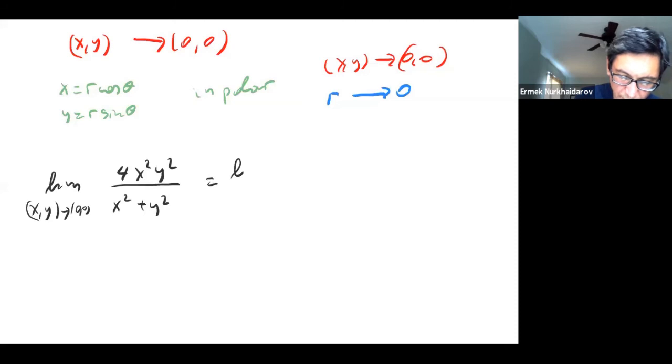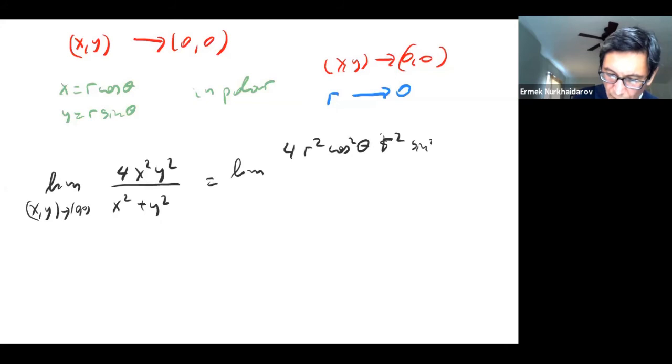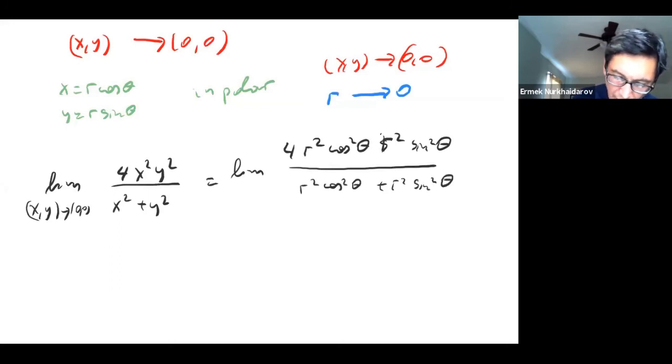We switch into polar, and we're going to write 4 r squared cosine squared theta r squared sine squared theta over r squared cosine squared theta plus r squared sine squared theta. And now we'll say r is approaching 0. We're kind of doing our substitution.